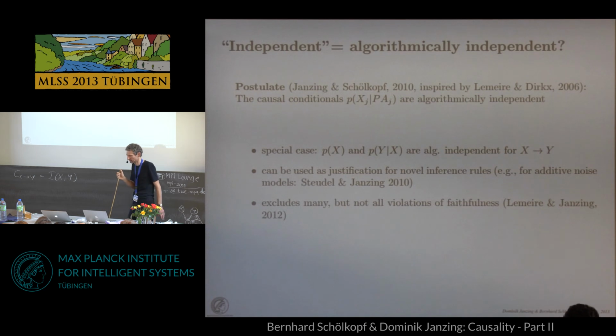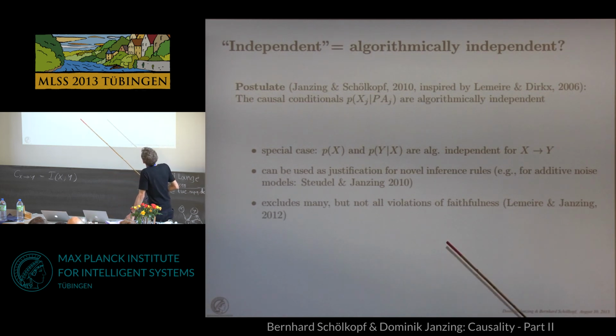The rough idea, I can't tell about any details here, is that statistical data not only contains statistical information, but also algorithmic information, because if you describe the probability measure, then there's also information content in the probability measure, which is not covered by Shannon information. So the complexity of describing the probability measure is something that is interesting for causal inference as well.